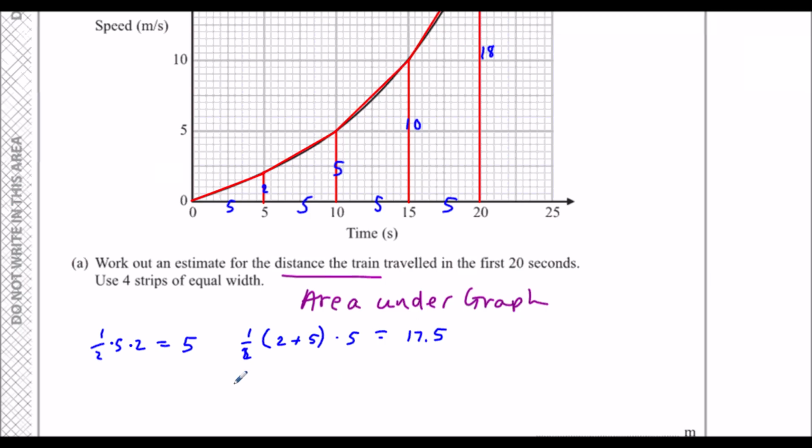Then the same for the next one, so we've got half 5 plus 10 times 5. That's 37.5. And finally, half 10 plus 18 times 5.